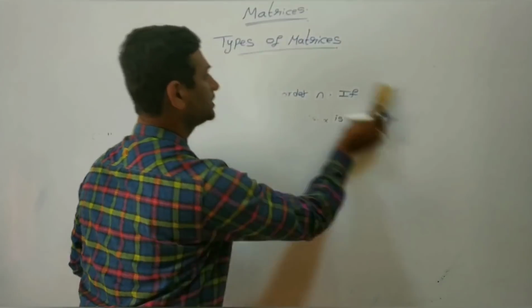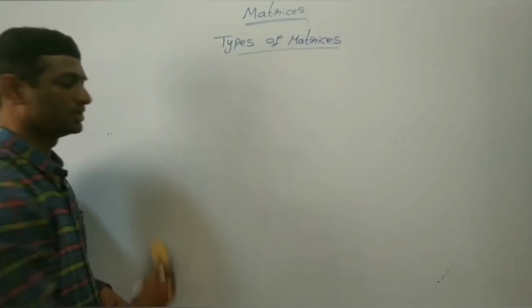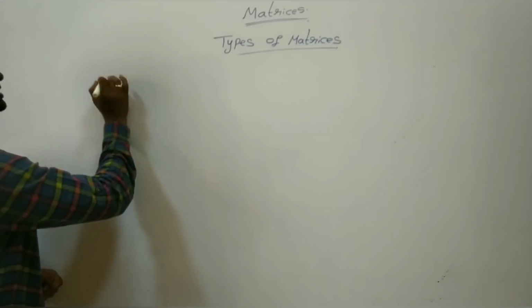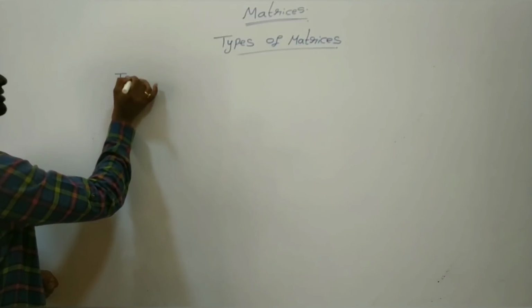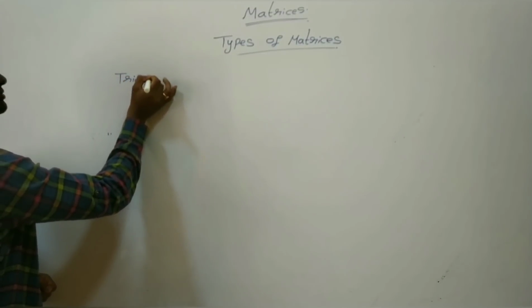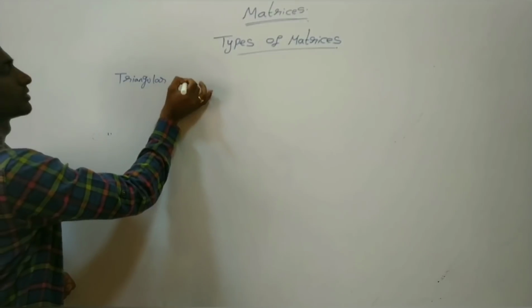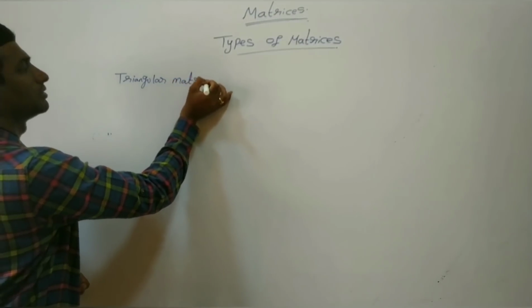That is the last type of matrix, and we will see the triangular matrix.